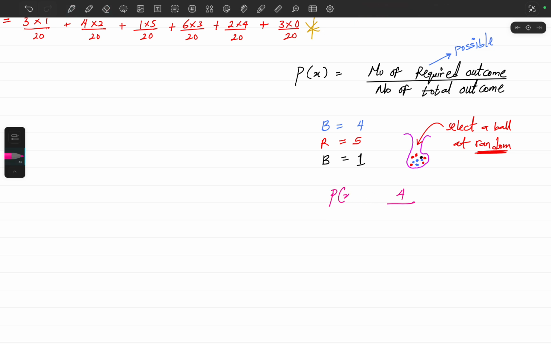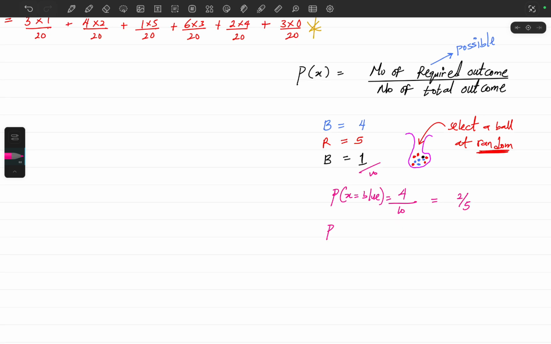Probability of X equal to blue will give me 4, because that's the required outcome. What is the total number? If you calculate the total number here, it will be 10. So 4 over 10, which if you break it down, you'll get 2 over 5.